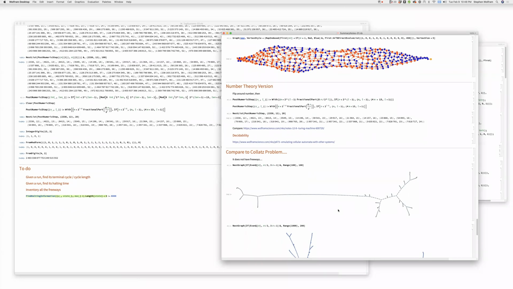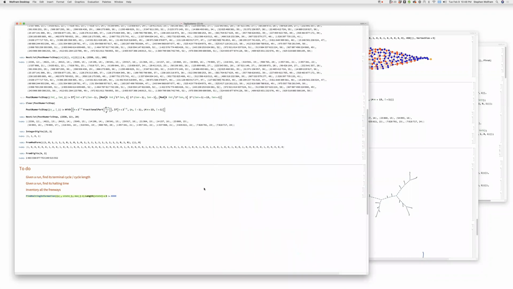And as we go to longer, well, let's just see. Based on the cycle finder and things like that, we could try inventorying all the cycles and freeways up to some like 10 bits, probably pretty quickly. Yeah, I know.